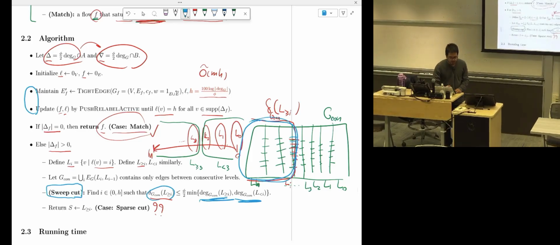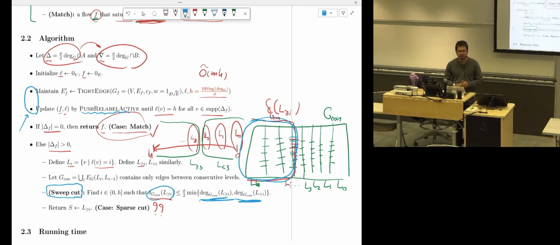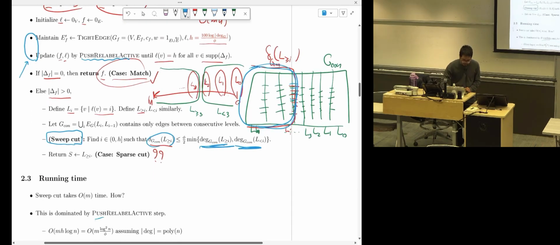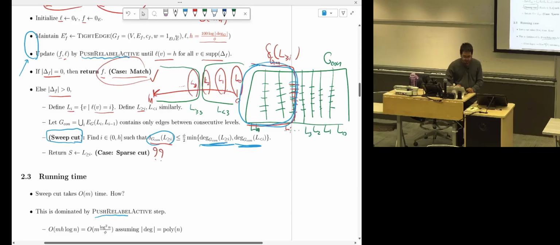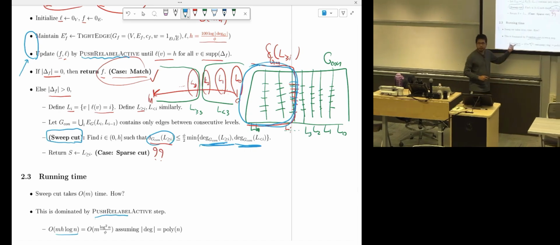So the only thing that is not linear time is still the push Relabel step. Just the same push Relabel. So this is dominated by just trying to push relabel the active node. And let's say for now, I just use the link cut tree one. So that takes mh log n.